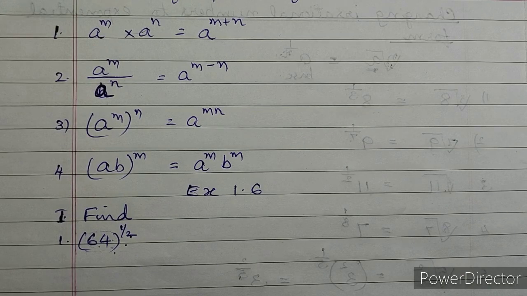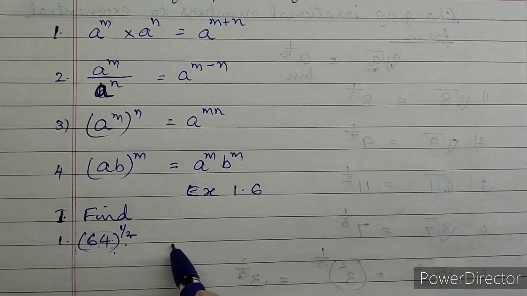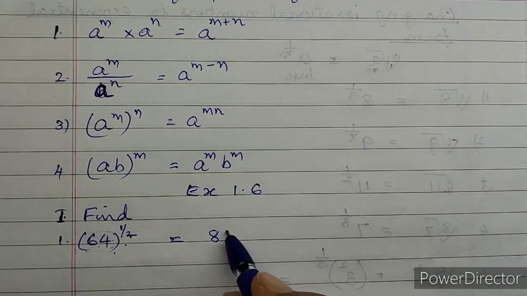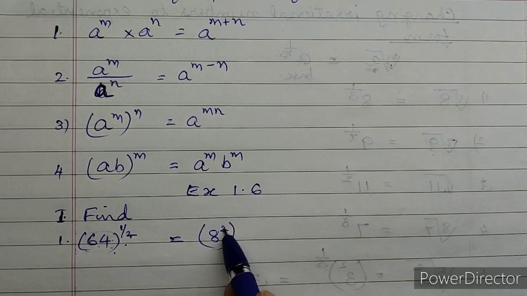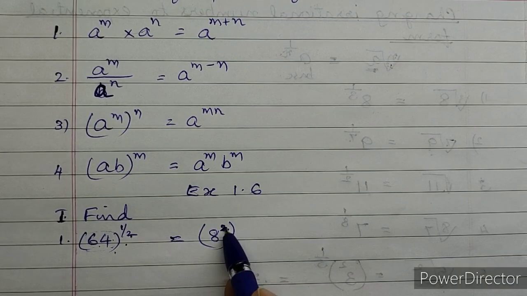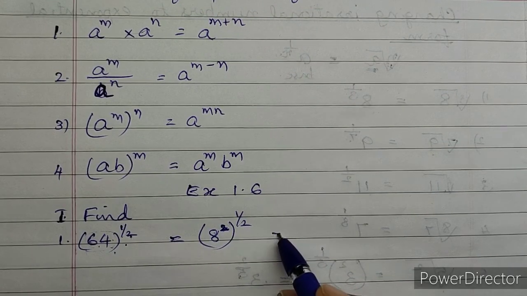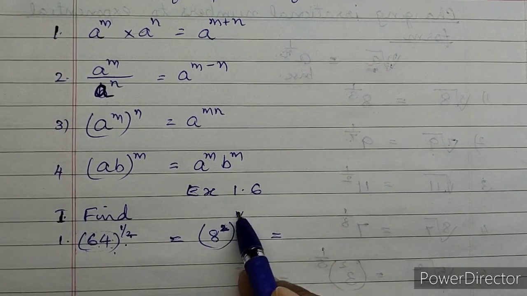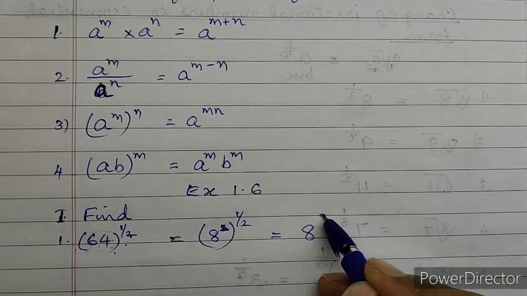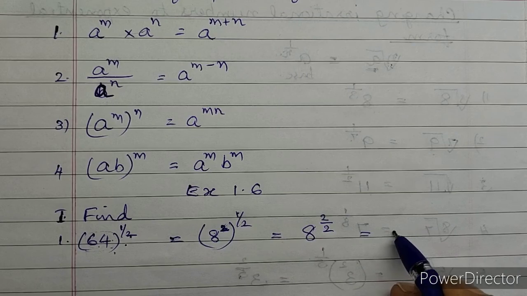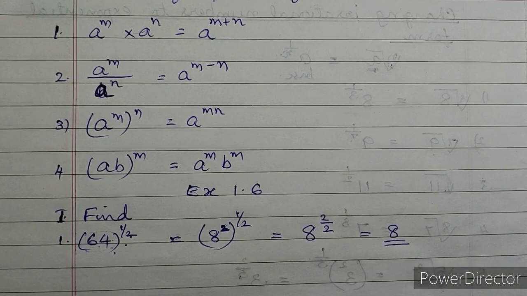How can you change 64 to the exponent 2? You know that 8 square is 64. So 8 square, whole to the power of 1 by 2, that is, multiply 2 into 1, that is 8 to the power of 2 by 2. 2 by 2 is 1 only, so the answer is 8.